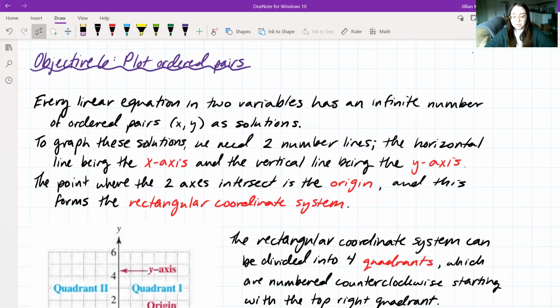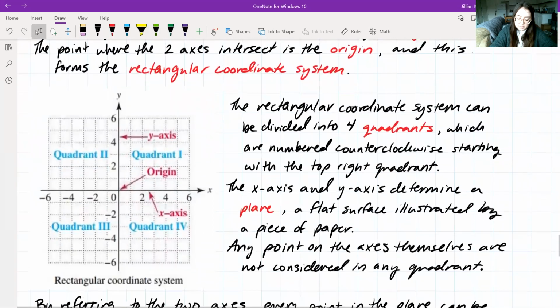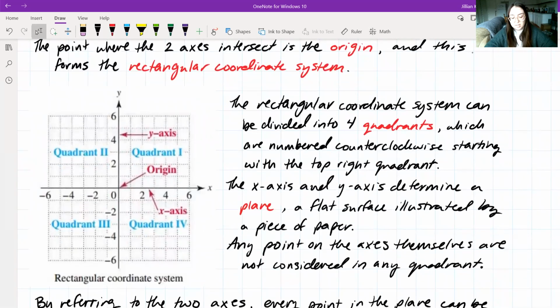To graph these solutions, we need 2 number lines, the horizontal line being the x-axis and the vertical line being the y-axis. The point where the 2 axes intersect is called the origin, and this forms the rectangular coordinate system. So our rectangular coordinate system is this image here, where we see we have lines intersecting each other.